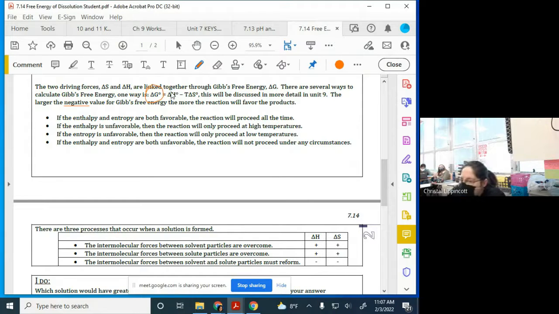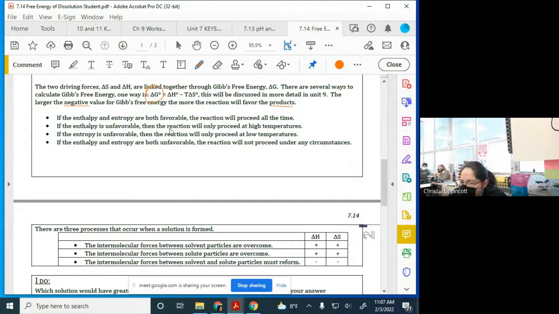Delta H then is your heat, and this is your entropy value. The larger the negative value, the more the reaction will favor the products. If the enthalpy and entropy are both favorable, then the reaction will proceed.